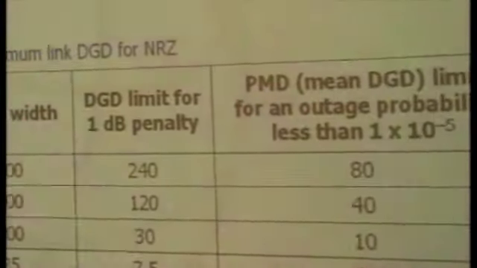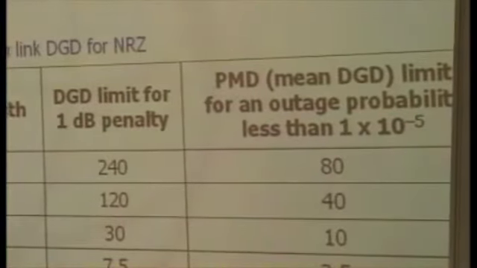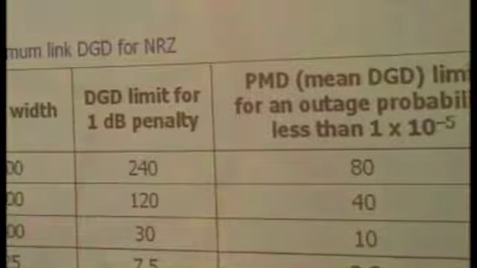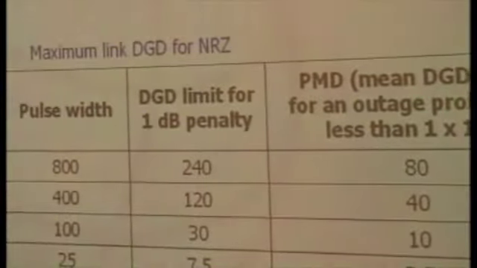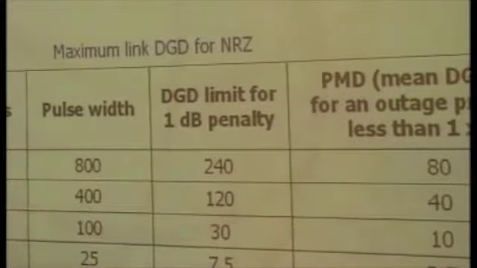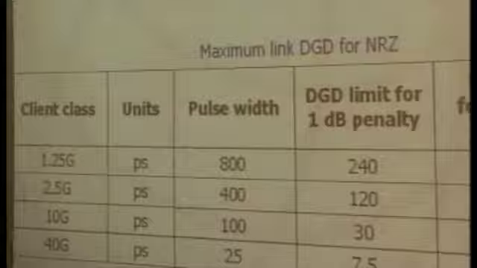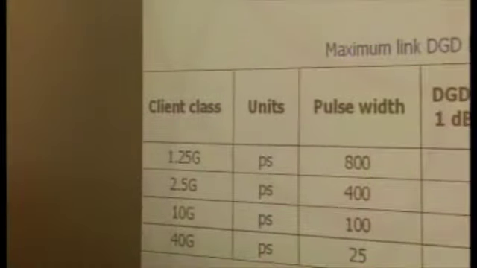So the total PMD of a fiber link with total length L and PMD coefficient for the individual cable section is given by the square root of length times the PMD coefficient. So, for example, for a total link length of 400 kilometers for a 10G signal, the PMD value should be smaller than 0.5 picosecond per square root kilometer.